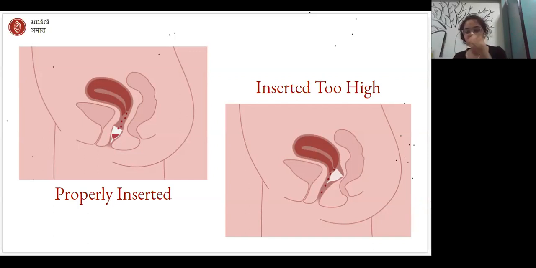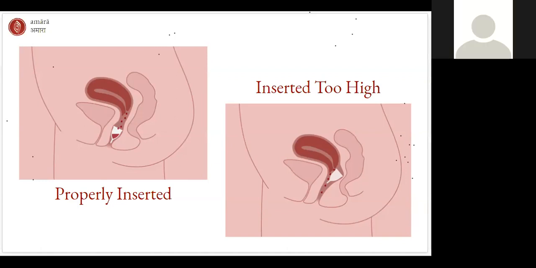This is not very common if you change it after 4 to 6 hours on the days where you have very heavy flow. And if you change it after 8 to 10 hours when you don't have such a heavy flow, it's very rare that the cup would leak. But for some people with a very high flow, it can happen. All of that you'll be able to figure out in the first 2 cycles.